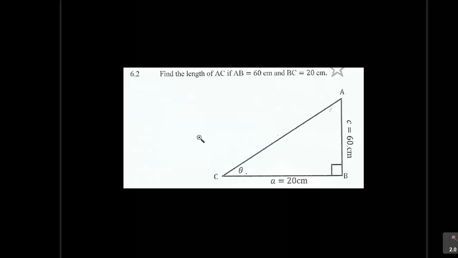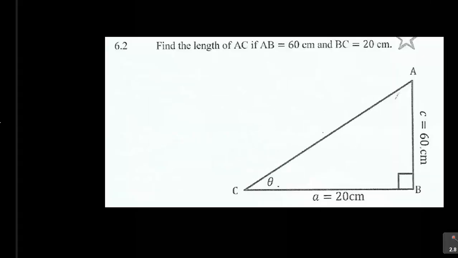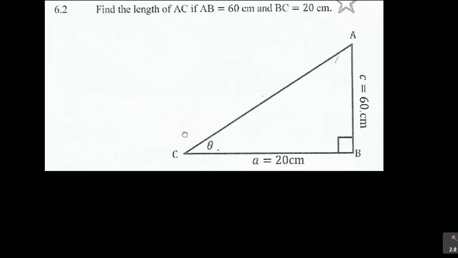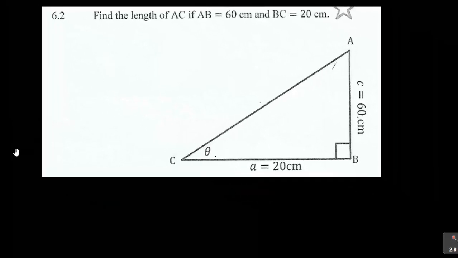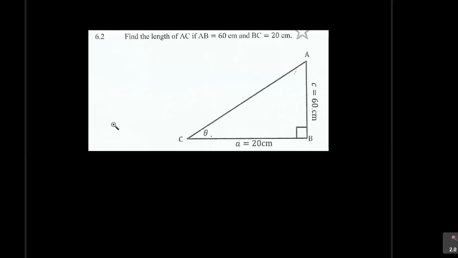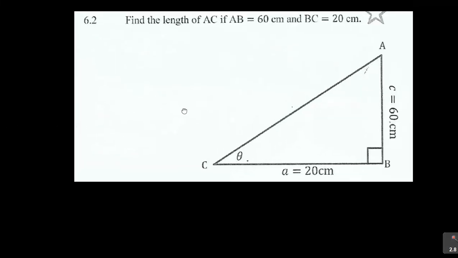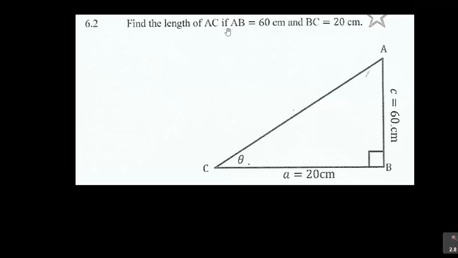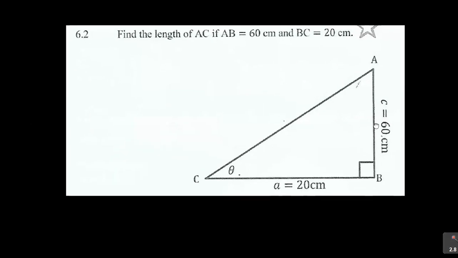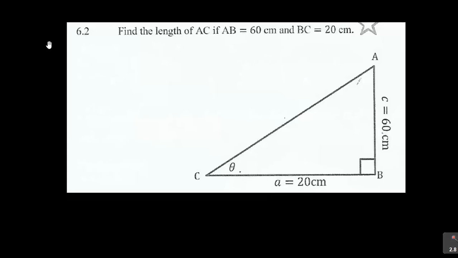This question is saying, find the length of AC if AB is 60, you can see on the diagram there, and BC is 20. So they want the length of AC.